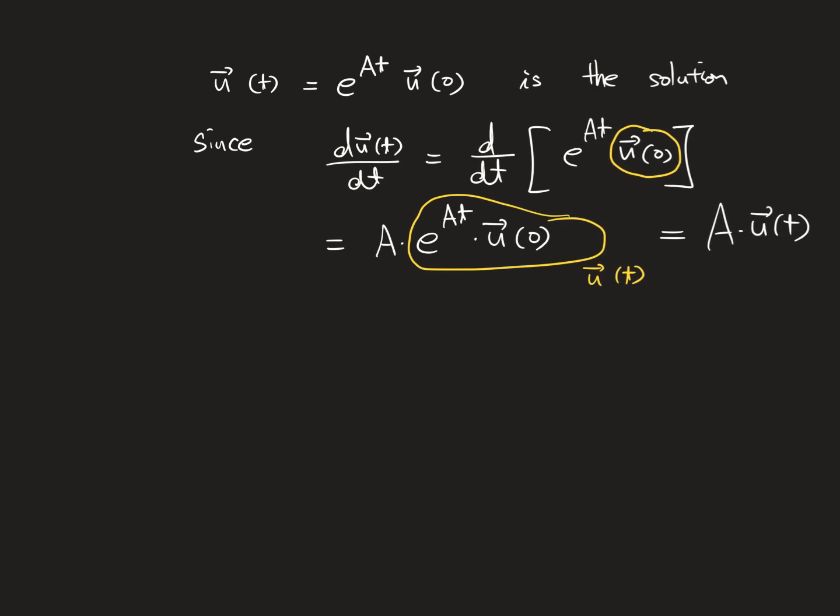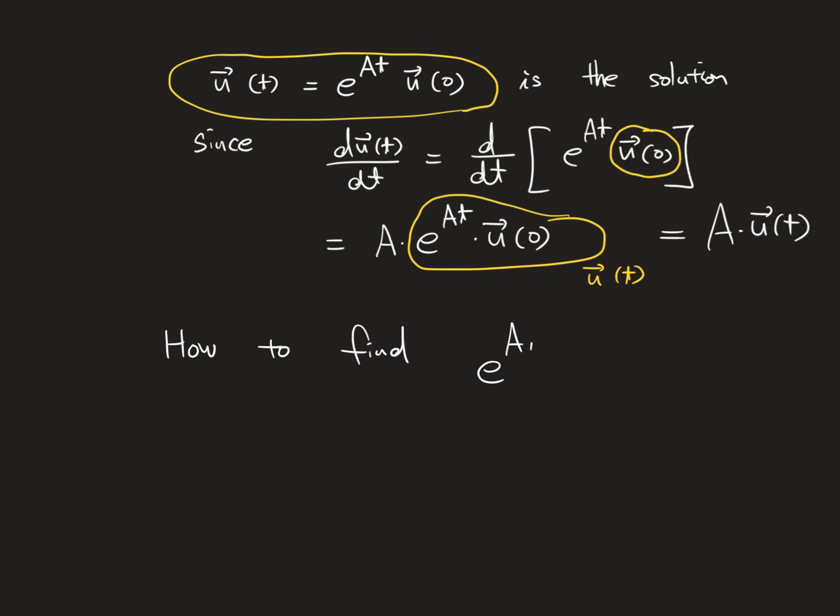So that's why this is a solution for the differential equation. And the question is how to find e to the at, and we're going to derive it on the next page.